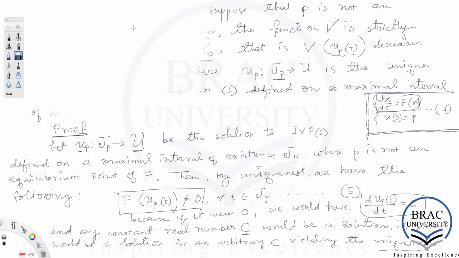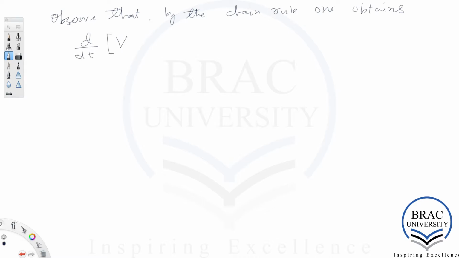Okay, I need some room. Now observe that by the chain rule one obtains d dt of this scalar function v at up of t is equal to the gradient of v evaluated at up of t dot this vector up prime t.